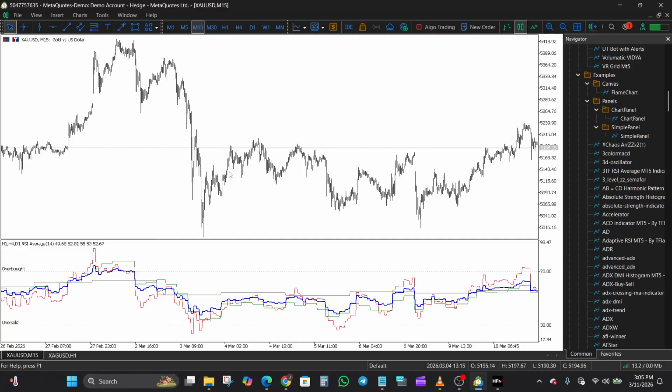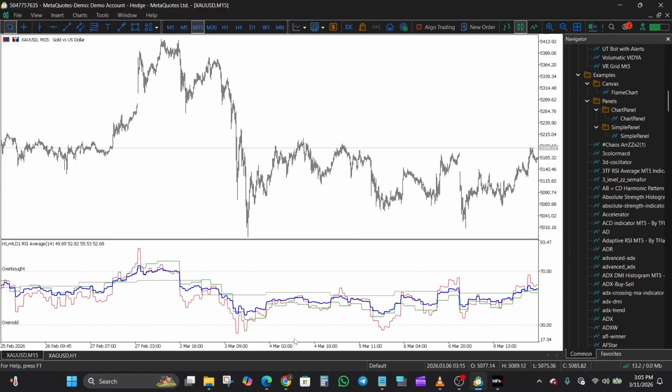Our take profit can be around resistance zones, or perhaps when the red line crosses above the blue line. So we can look out for price action, resistance zones, supply zones, or we can wait for the red line to cross above the blue line.